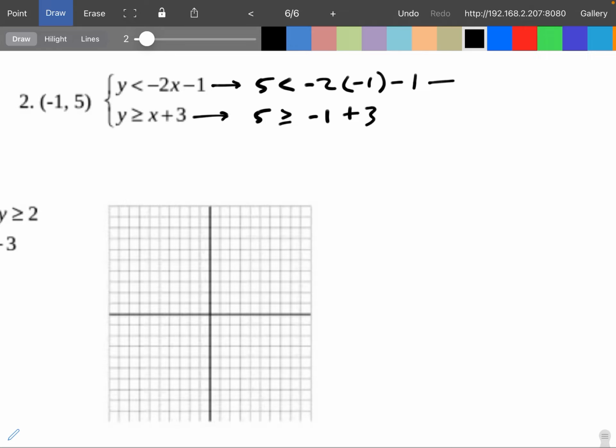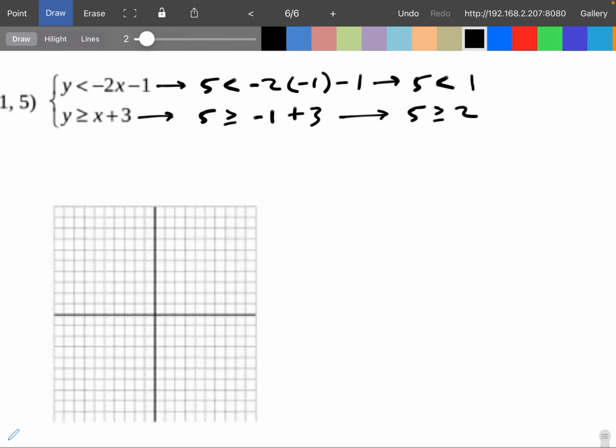Let's try number two. Same thing. So number two, this time we got to plug in 5 for the y and -1 for the x. So plugging it into the top one, we'll substitute in 5 for the y. That has to be less than -2 times the x, which is -1, minus 1. The bottom one, again, we're plugging in 5 for the y. That needs to be greater than or equal to the x, which is -1, plus 3.